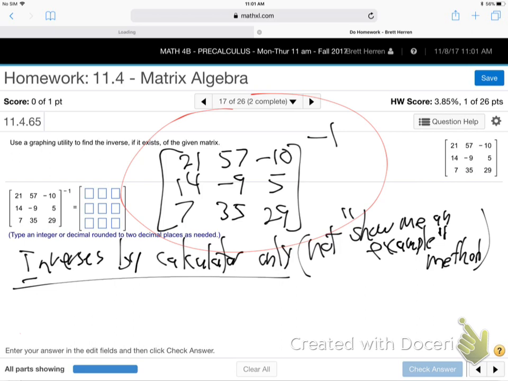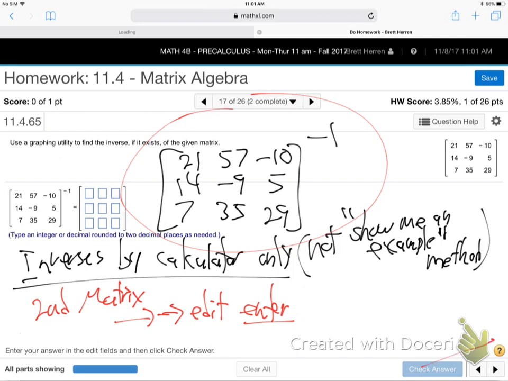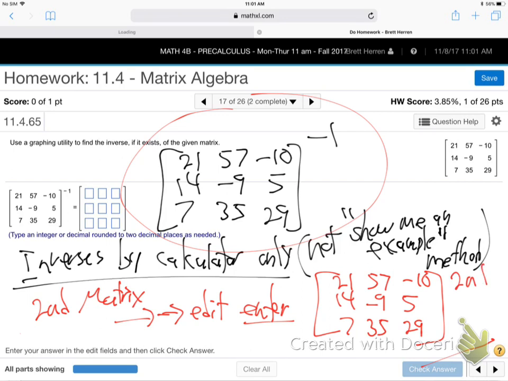Type in all the numbers that are there on the screen for matrix A: 21, 57, negative 10, 14, negative 9, 5, 7, 35, 29. Then hit second quit.